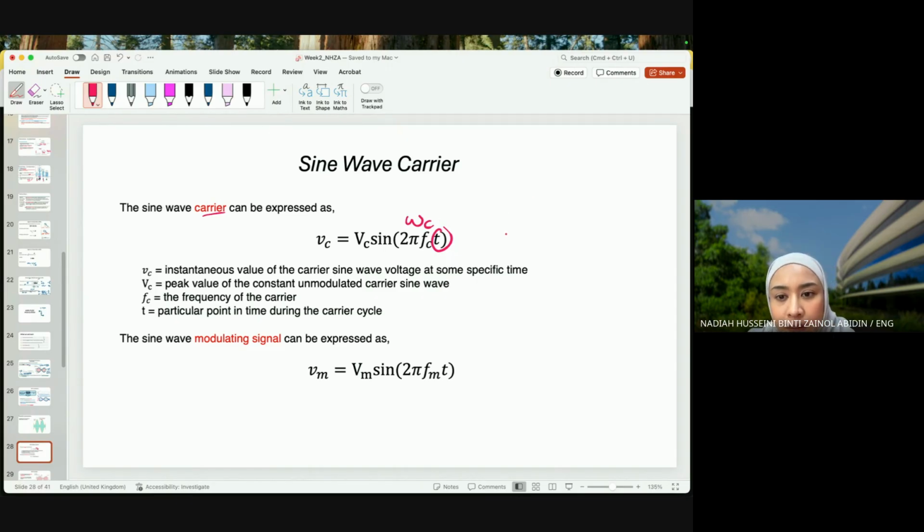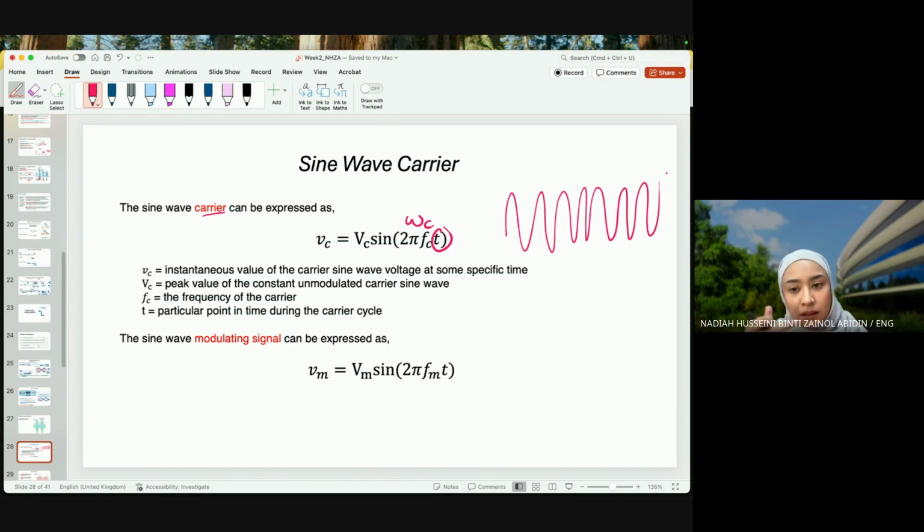Now remember that we drew the carrier wave. It's an ugly carrier wave, but it's supposed to have a single frequency throughout. Let me draw the axis for this.